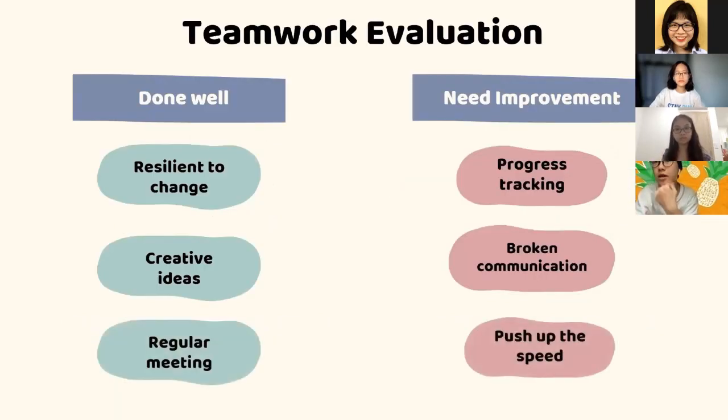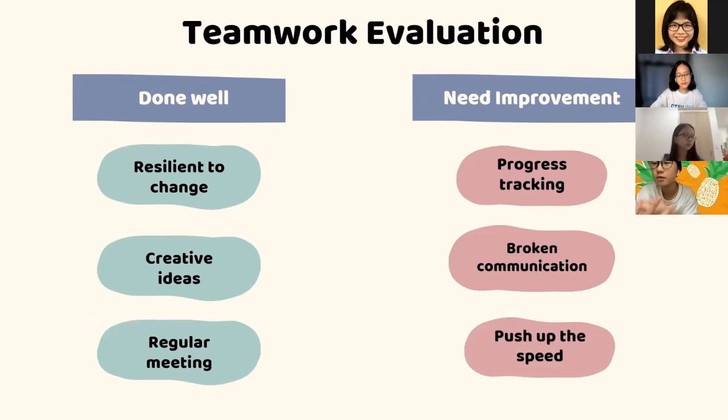Okay, so about our teamwork evaluation, what we have done well is that we are resilient to change. We have creative ideas, and we have more regular meetings, but still there is room for improvement. First of all is progress tracking.